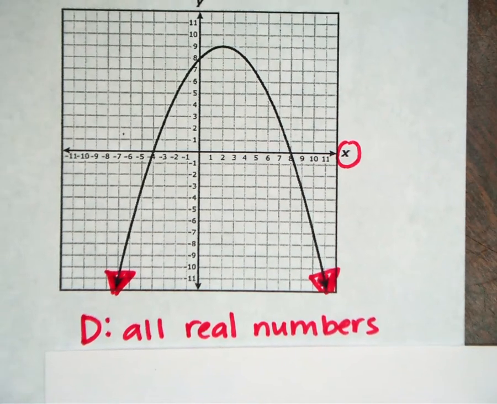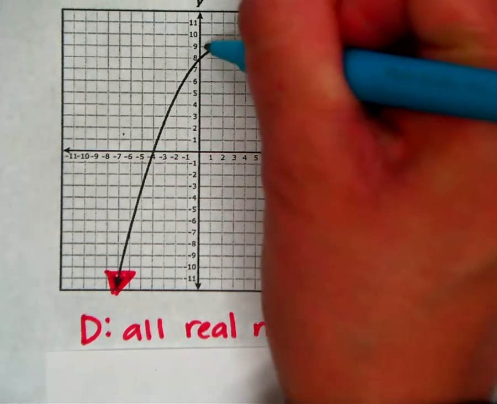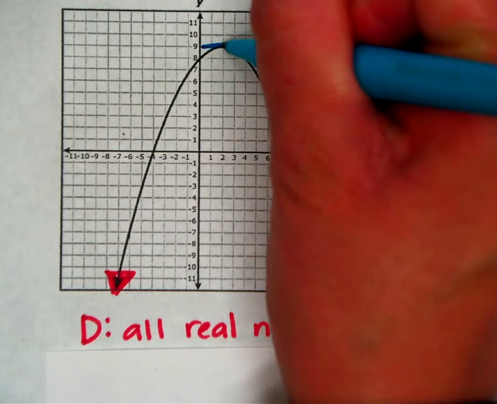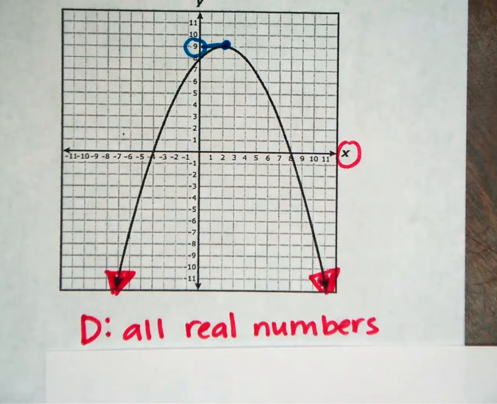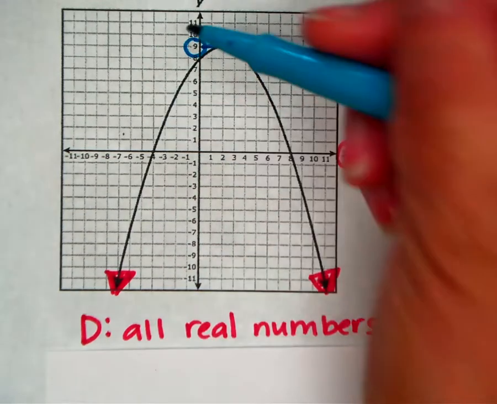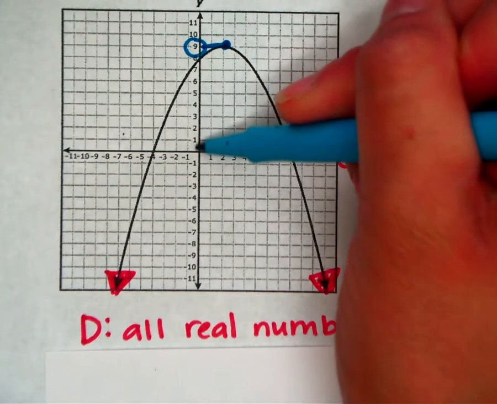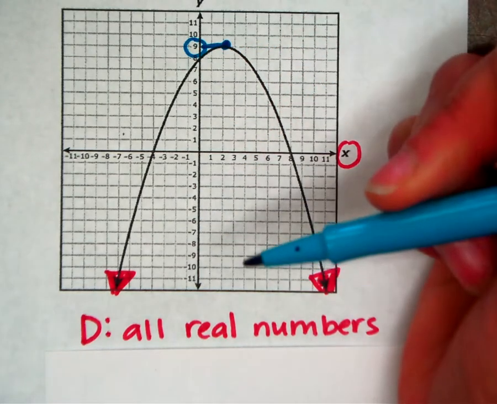The range is the y values. When you look at the range, I'm going to look at the top of my graph now. Because my parabola is facing down, the very top of my graph is going to be at 9 for the y values. And it's on the graph, it's on the line, so it's including that point. So I ask myself, are all the values below here greater than or less than 9?